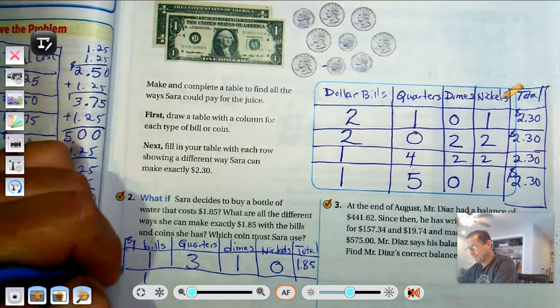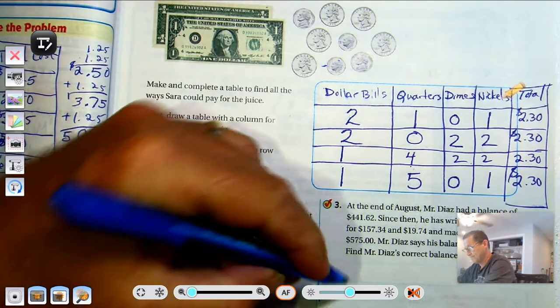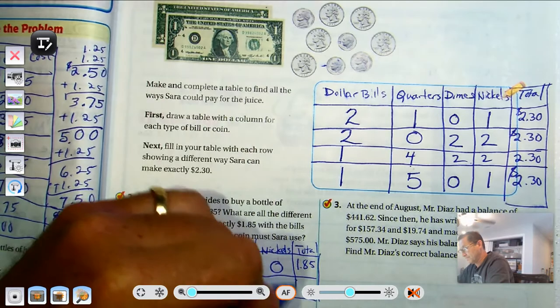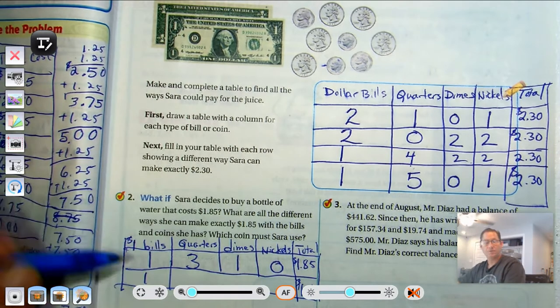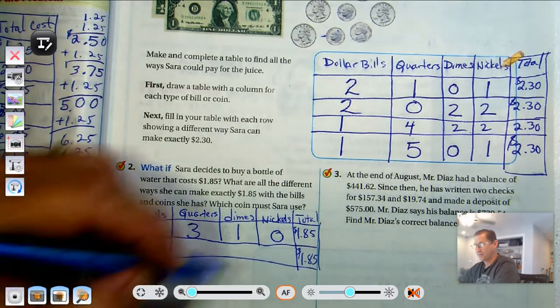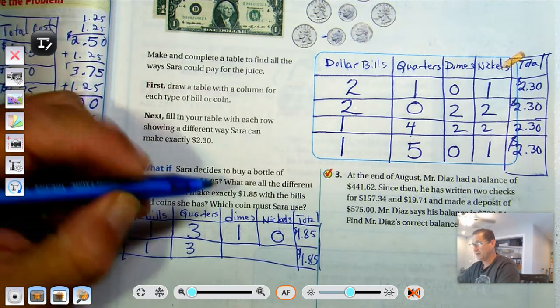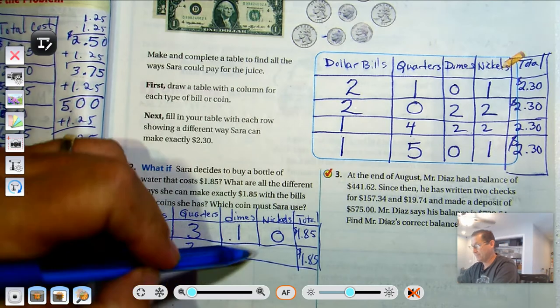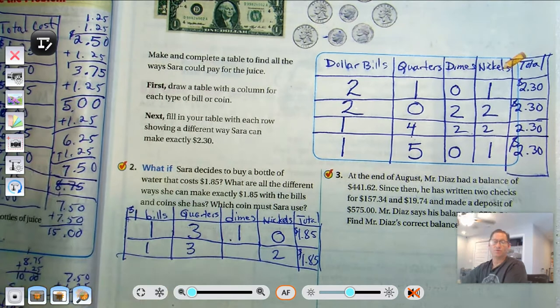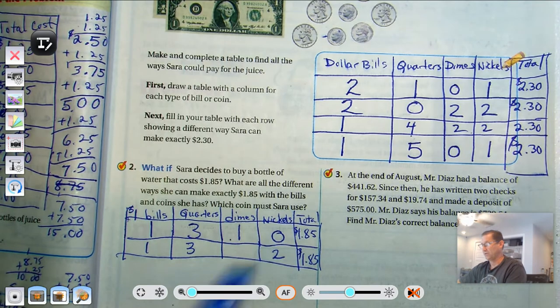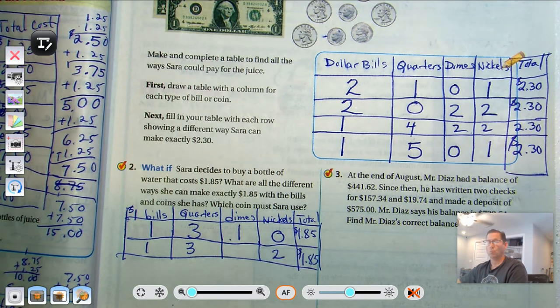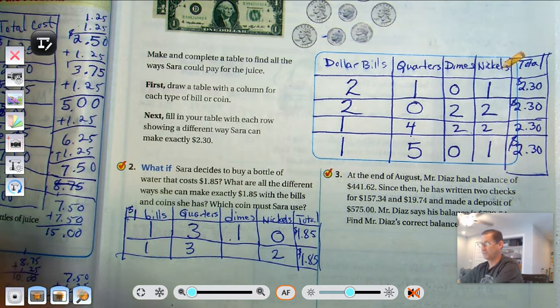Or let's stick with the dollar bill. We still have a dollar, right? Let's still use 3 quarters. But instead of dimes this time, let's use 2 nickels. 2 nickels equals a dime. And so we're still at $1.85. So what coin does she have to use?